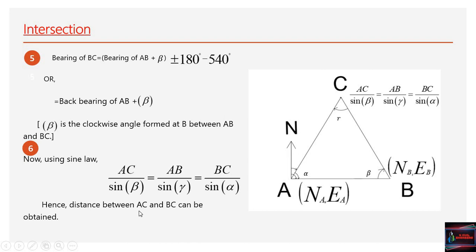Hence the distances AC and BC can be obtained from the sine law, by taking any two of these ratios. So we have now calculated all things: bearings, internal angles and distances.